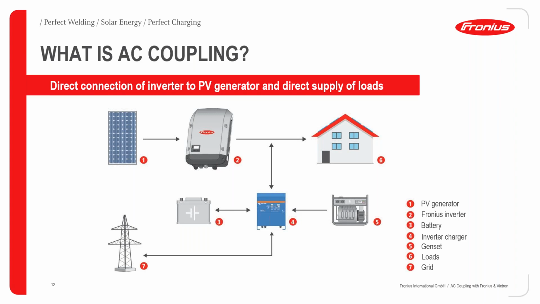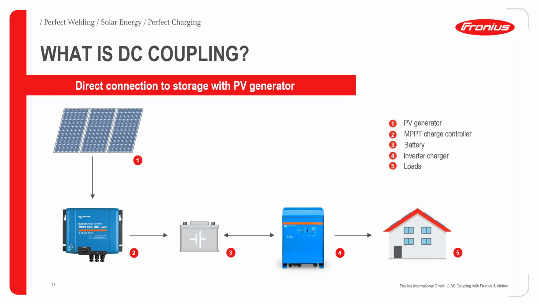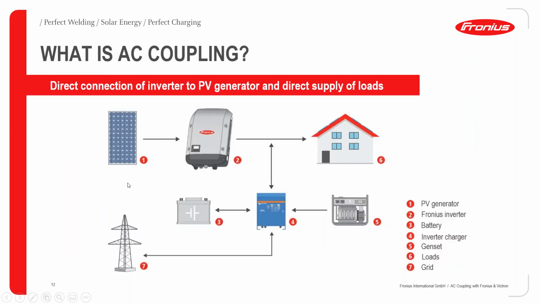For installers that are seeing this for the first time, I'll just take a step back. As you can see in this case, the best way for you to recognize an AC coupled system is that the MPPT charge controller here is replaced by the Fronius inverter, making it possible to invert the DC and supply the load directly.